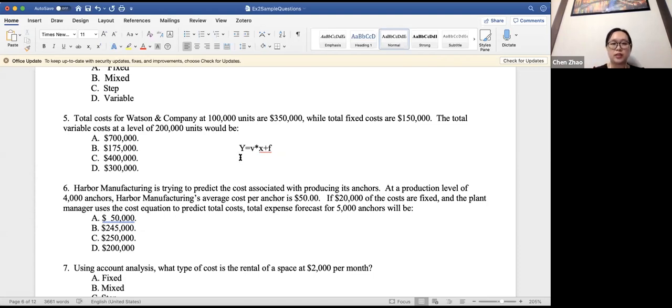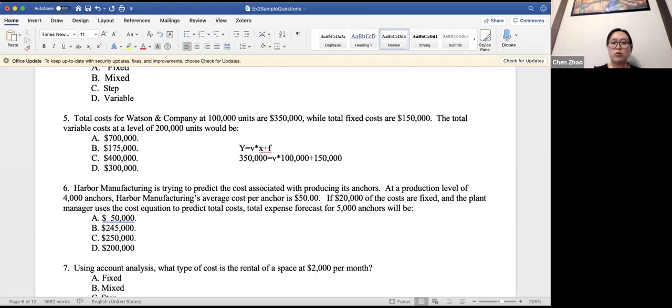Total cost, we know that it's $350,000, okay? And the variable cost per unit, we don't have a V, but it doesn't matter. You just write down V and then write out whatever you have, okay? And then what is X? The units are 100,000, right? And then do you have F? Yes. Total fixed cost is 150.